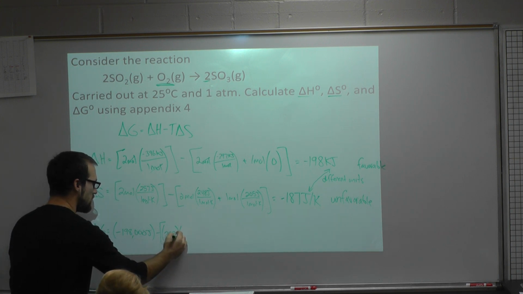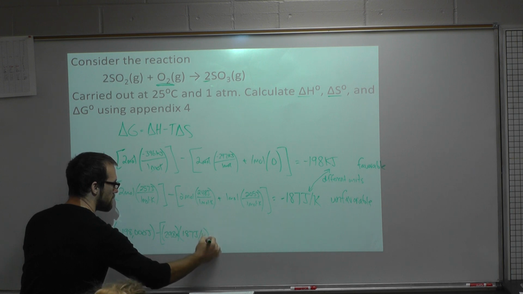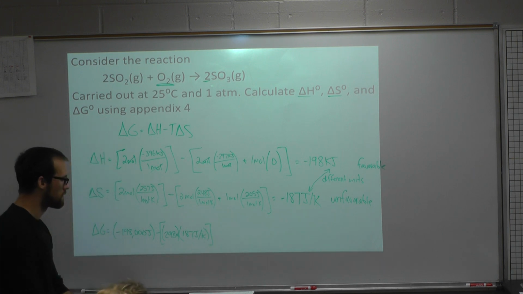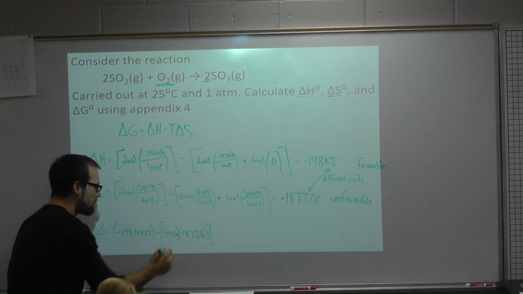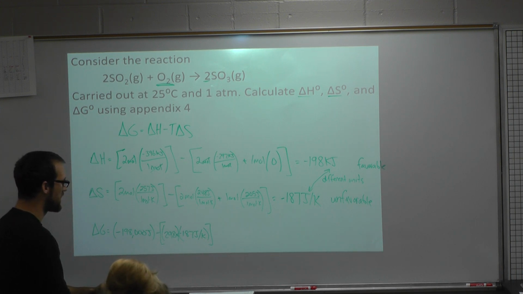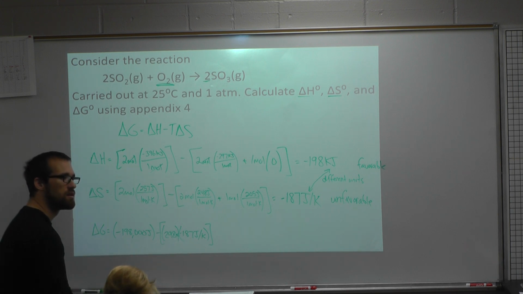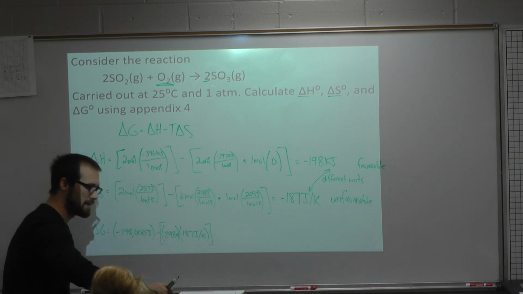And that's going to be Kelvin. I should write that in there. So those two negatives will cancel each other out, so we'll have a positive and a negative section. When you plug in and you solve, you get what?